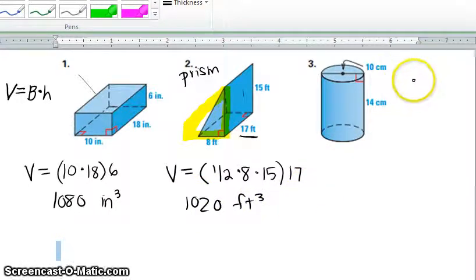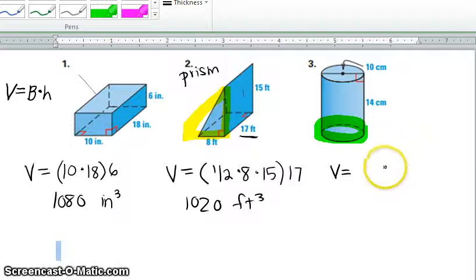And finally, we have our cylinder, which just is a stack of circles. That's all a cylinder is. So we're going to use the same exact formula, but this time our base is a circle. So when we find the area of the base, that's pi r squared, which in this case our radius is 5, half of the diameter. So we have pi r squared, and then the height of this object is 14.